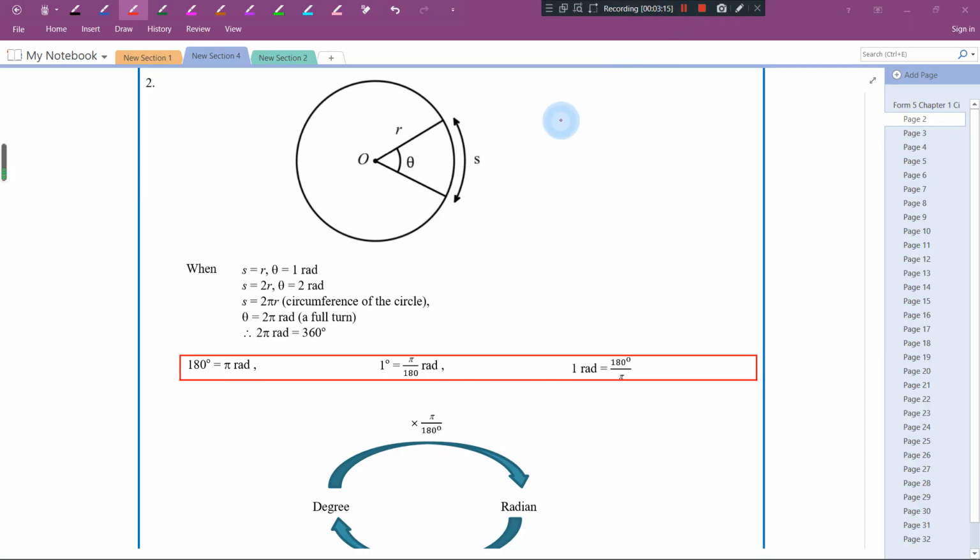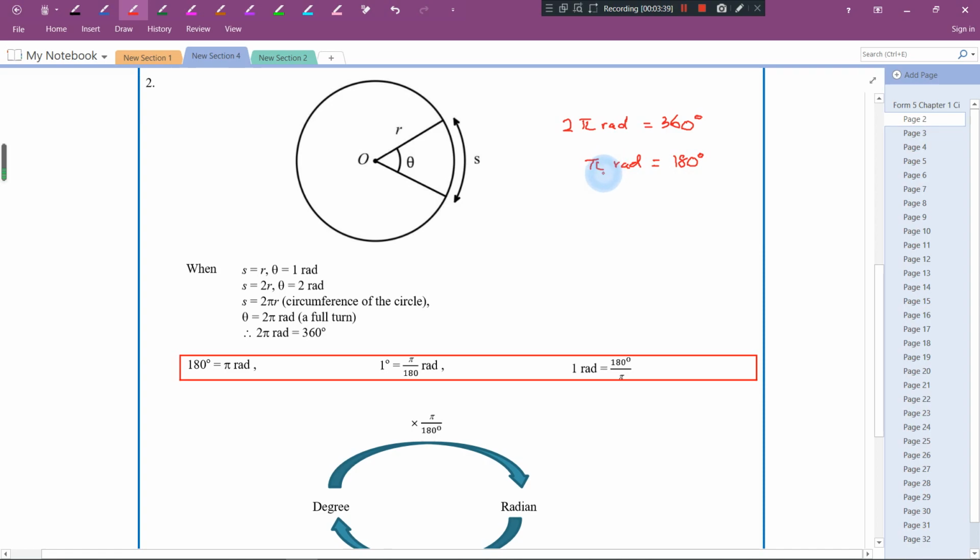Okay, just now we got 2 pi radian is equal to 360 degree, right? And when I divide both sides by 2, I will get pi radian is equal to 180 degree. So in this part we are going to learn how to convert radian to degree and degree to radian.